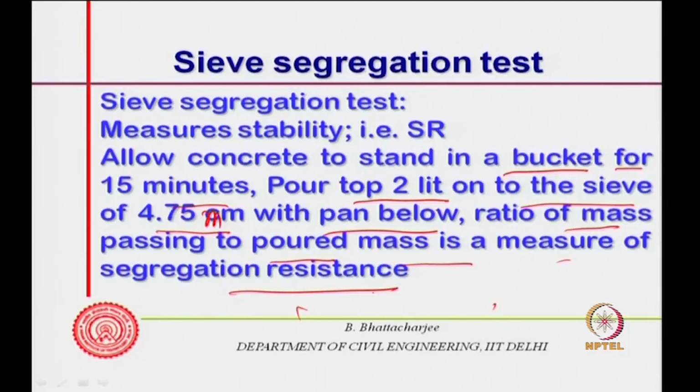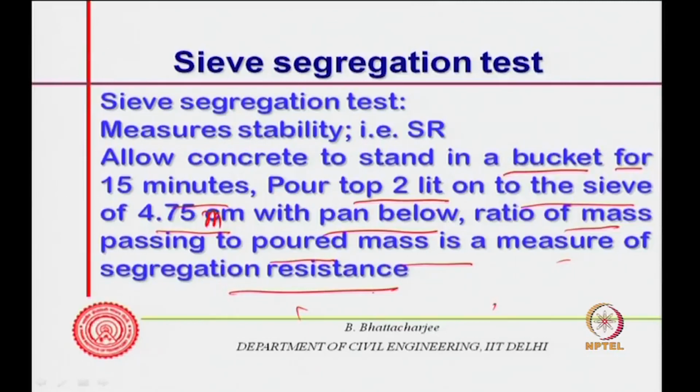If there were segregation, for example, if the water is coming out and the solids or larger particles go down below, then the quantity passing through this sieve will be very large. If even the finer solid is separating out along with water, taking out the finer material, then most of it will pass through the 4.75 mm sieve.